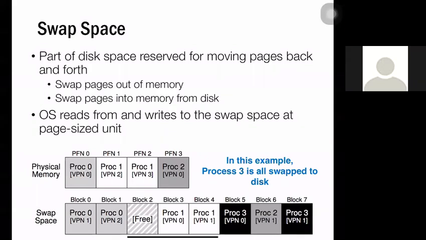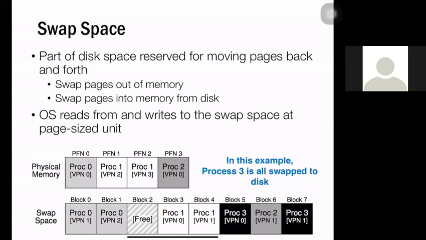So the swap space, the part of disk space, is reserved just as an extension of the physical memory, reserved for moving the pages back and forth between the physical memory and the disk. The disk-based swap space is responsible for this, and the operating system reads from or writes to the swap space at what granularity?